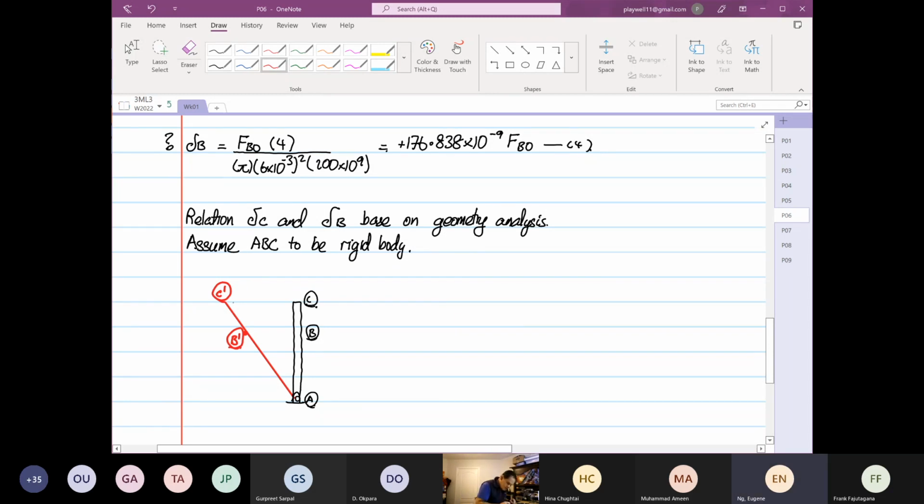The distance from here to here is known as our deflection of point C, and our distance from here to here is our deflection at point B. So next we just need to form a gradient. We know that B prime and C prime are on the same gradient.